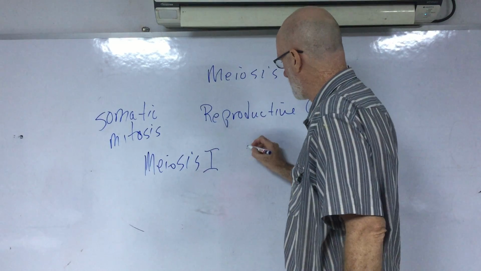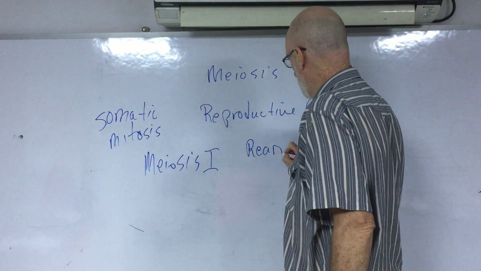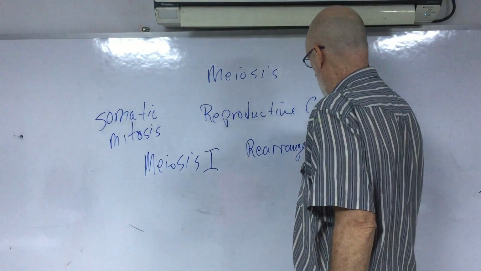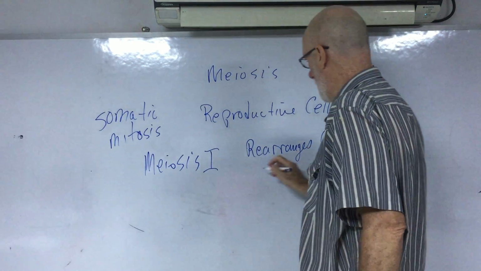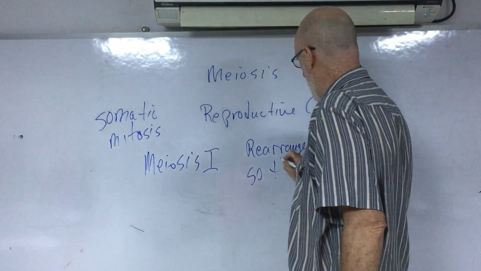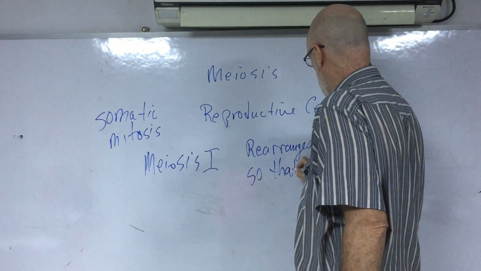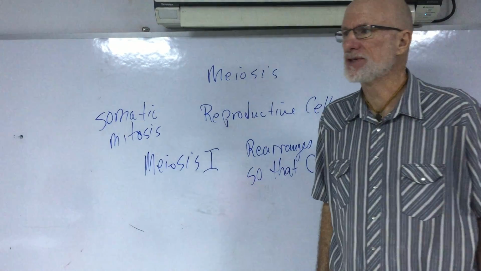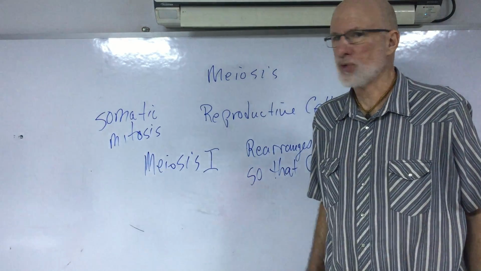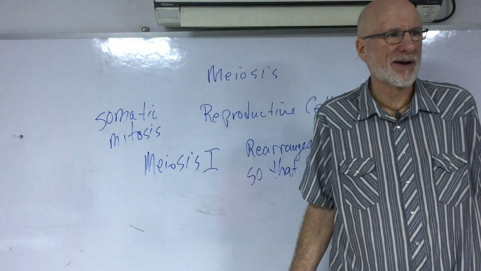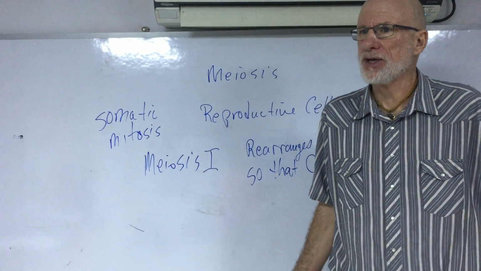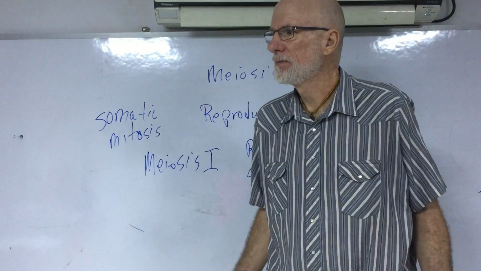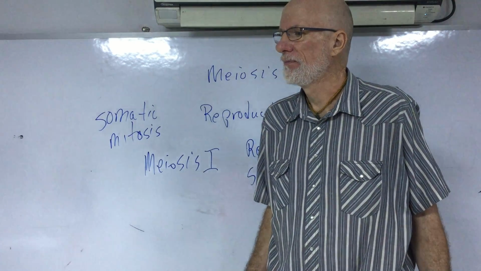It rearranges the cell so that the chromosomes what? What does it say? It's rearranging. There's no cutting or anything. What is it rearranging? The chromosomes. How? What does it say? Homologous.